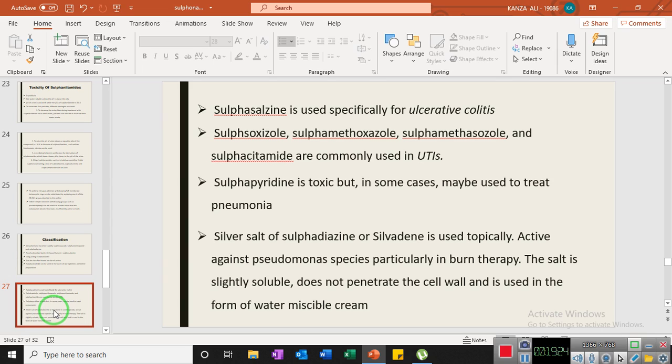The compound is active against Pseudomonas, specifically used in the cases of burn. It is used in the form of water miscible cream, cannot penetrate the cell wall. Salt is slightly soluble in water.